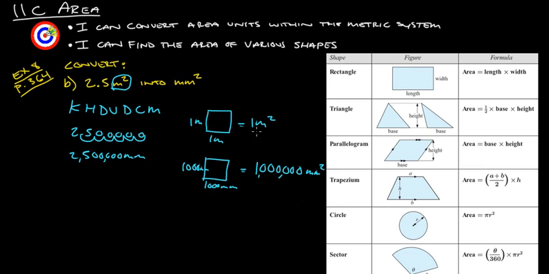So that's why you move the decimal over 3 spots twice, because it's squared. And if it happens to be cubed, you would move it over 3 spots 3 times.